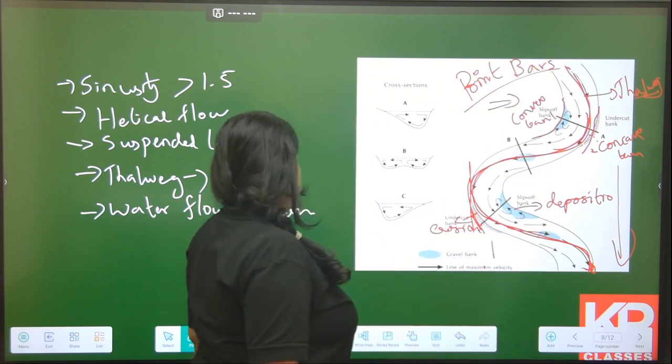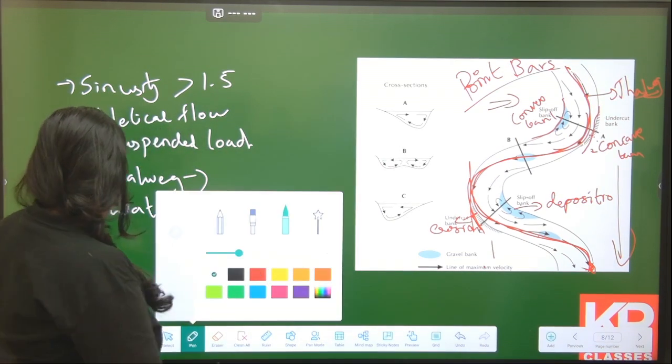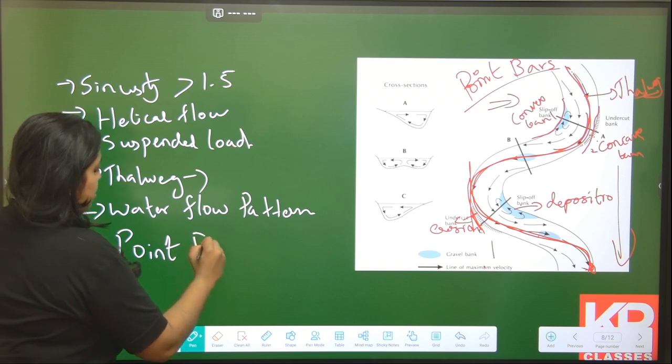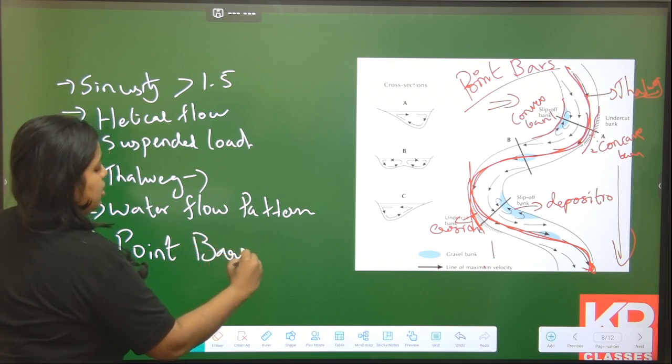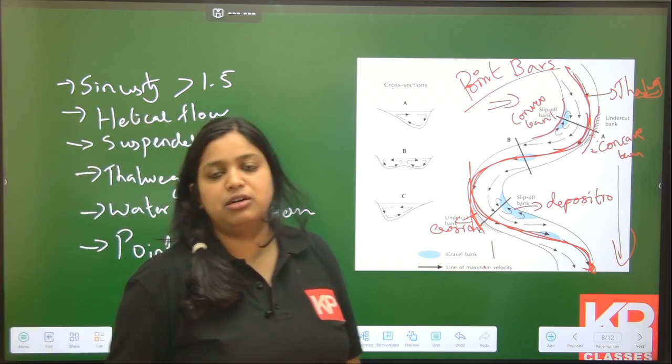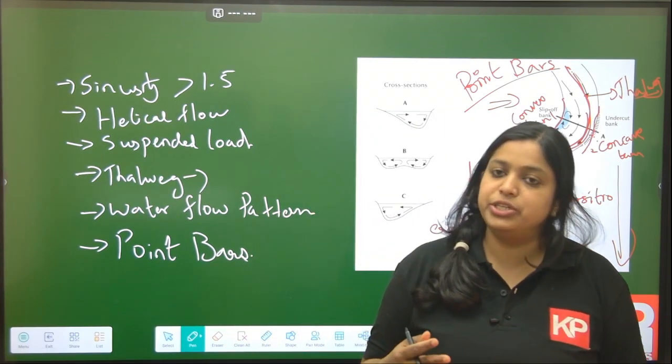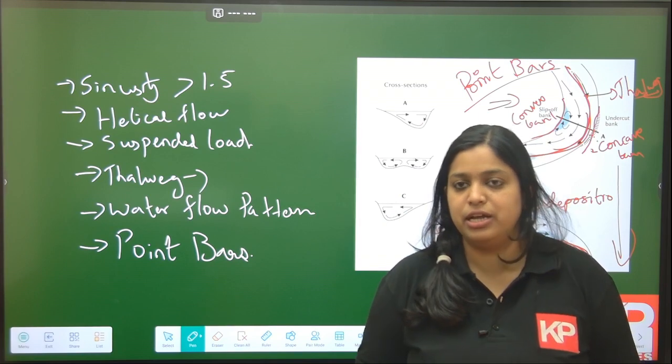Point bars. So, the next terminology that you have to study is point bars. Point bars are the terminology that we give for the deposition that happens in the meandering channel.